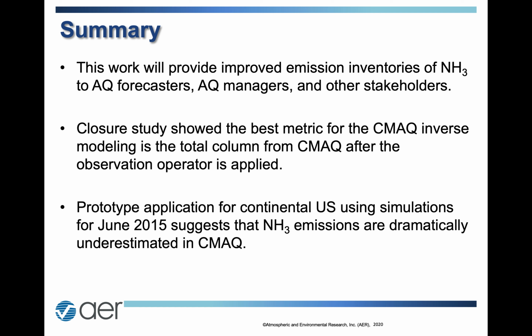And then we were able to run a prototype for June of 2015 across the entire CONUS and found that the NH3 emissions are dramatically underestimated in CMAQ. Of course, we didn't do any further validation, so that's additional work we're working on. But the first cut at it suggests that we're dramatically underestimating ammonia.